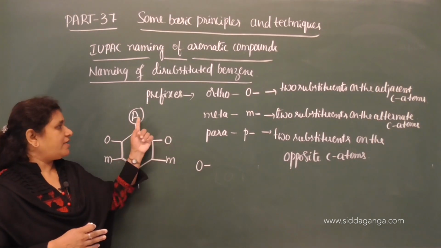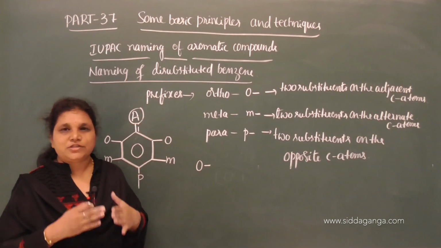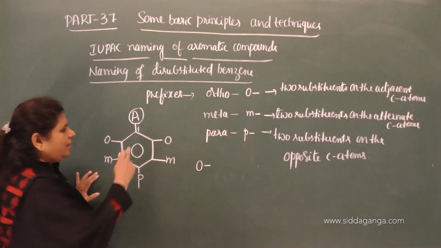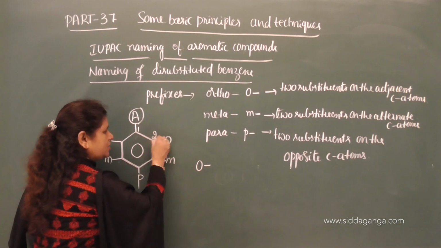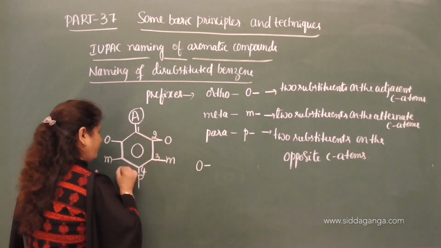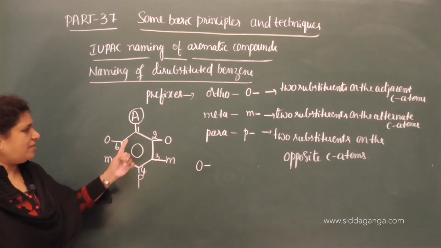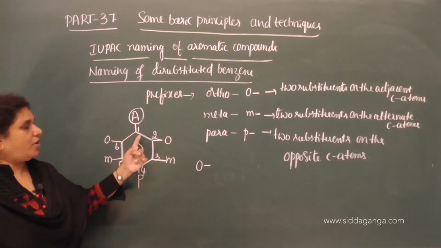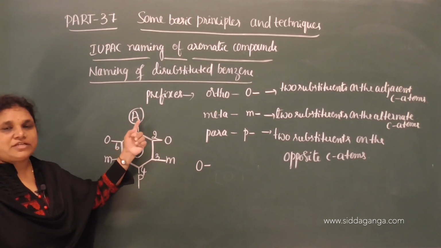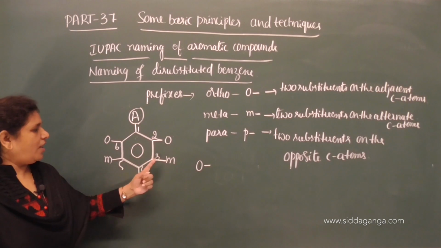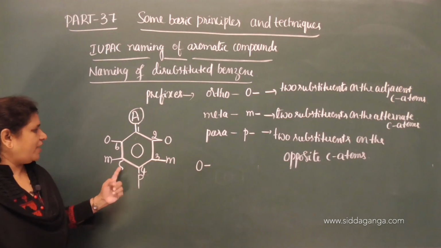Okay, so let us consider A is a functional group or the high priority group ಅನ್ಕೊಂಡು ನಾವು 1 ಕೊಟ್ರೆ, then adjacent position here it is 2, 3, 4, 5, 6. There are 6 carbon atoms in benzene. If we give the locant 1 to that carbon which is containing a substituent group, then this position becomes 2 and 3, 4, 5, 6.